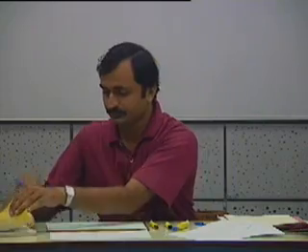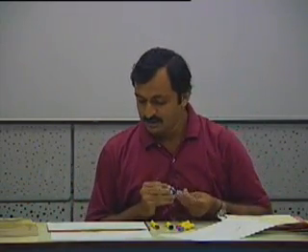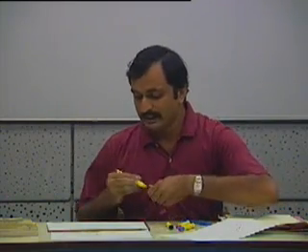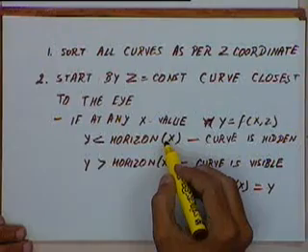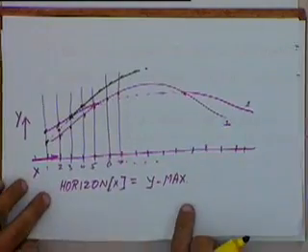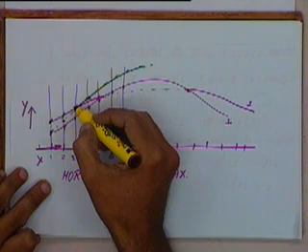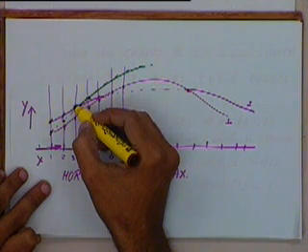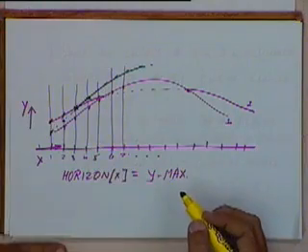By incorporating that, what we do is, right now I am maintaining an array called horizon of x. This horizon is essentially the upper value of y that is visible. We are assuming that everything is solid under it.